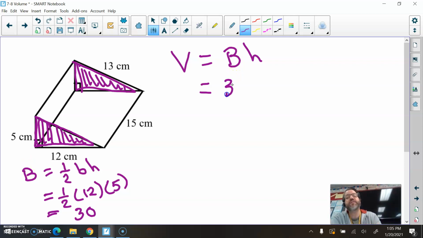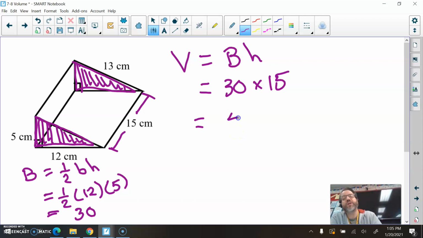That's big B. And then we multiply by the height of this entire prism. And the height of the prism, remember, is the distance between the bases. And our bases are these triangles. How far apart are they? Well, they're 15 centimeters apart. So 30 times 15 will give us the volume of this prism.